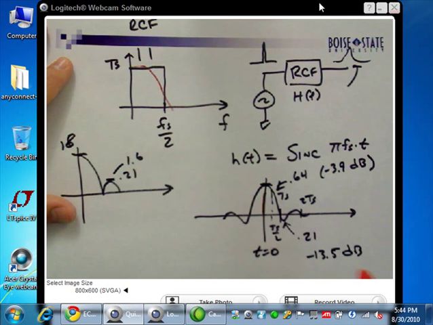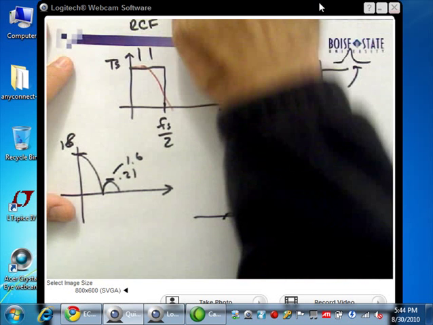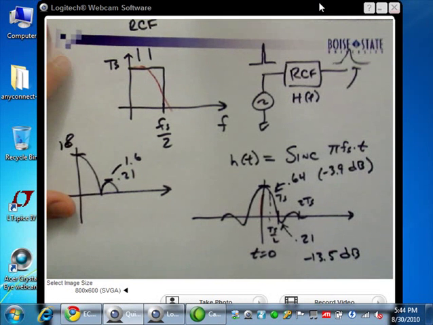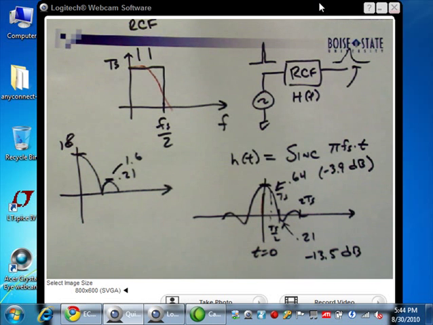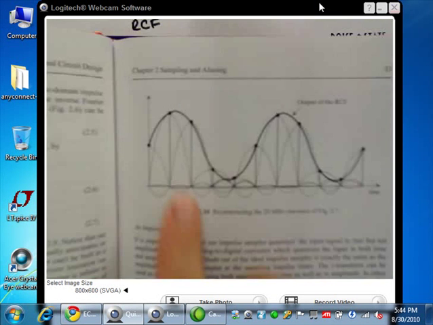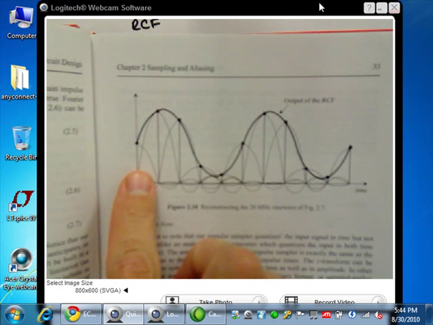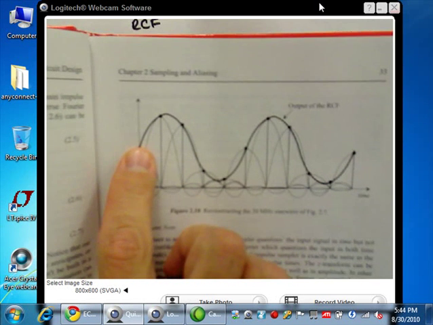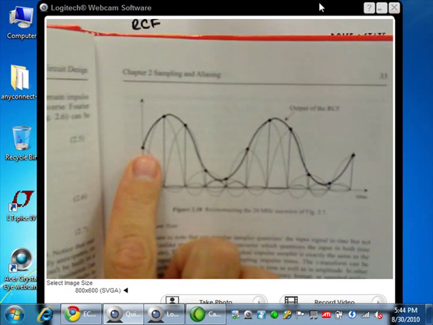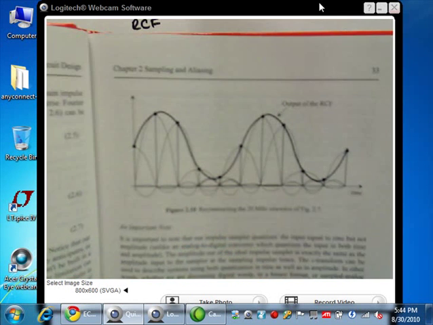So I can't make this, so this is somewhat of an academic discussion. But before we move on to talk about the sample and hold, actually, we need to talk about decimation first. Let me just show you in this picture. I've got my impulses here, and the output is going to be the sum of the impulses.